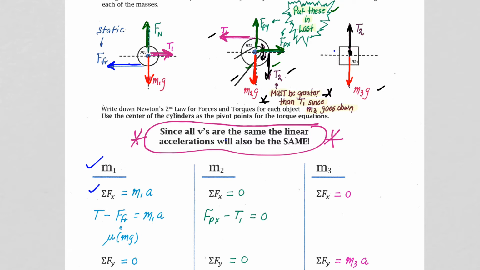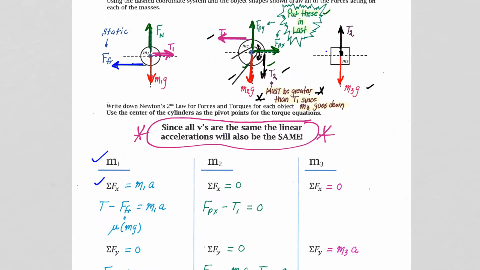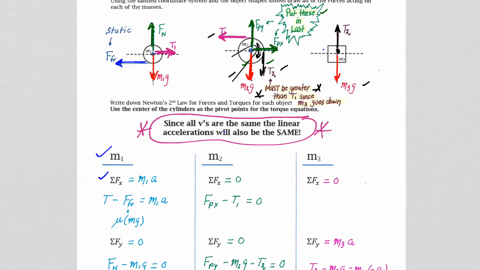Since all of the v's are the same, and we talked about that in our last lesson, the tangential velocities on the rim of the wheels, the linear motion of M1 and the linear motion of M3 all are the same. The linear accelerations will also have to be the same, so I can drop the subscripts on the accelerations.